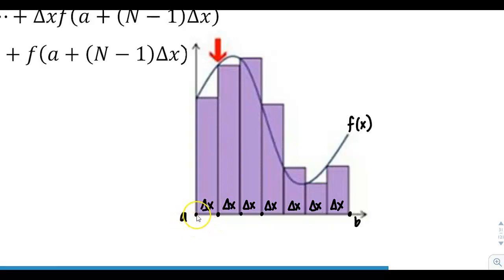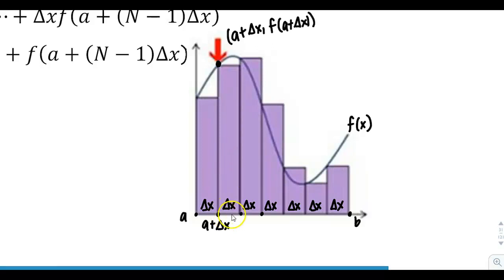So this first x value would be a plus 1 copy of delta x. And that means that the height of the rectangle there is going to end up looking like, so this coordinate point up here is a plus delta x, and then f of a plus delta x.